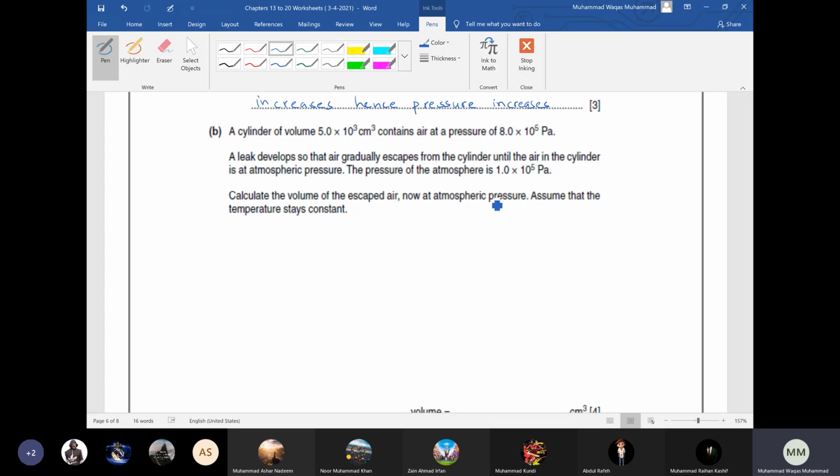Now it contains air, and we know that gases do not have any fixed volume. They fill the whole container they are in, right? So it means if the air is in a cylinder whose volume is 5.0 times 10 to the power 3 cubic centimeter, the volume of the air would also be 5.0 times 10 to the power 3 cubic centimeter. Getting my point or not?